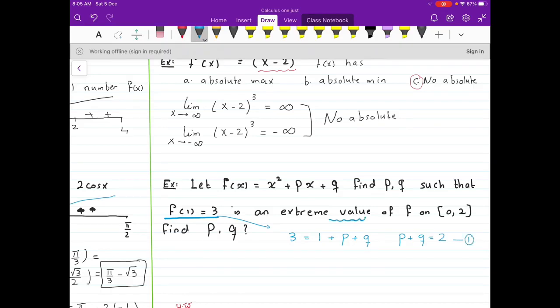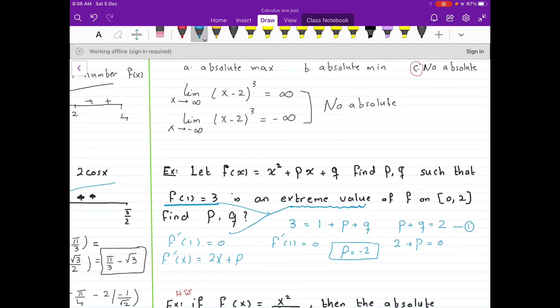Since f(1) is an extreme value, it must be a critical point. So from this condition I conclude that f prime at the point 1 equals 0. That means f prime(x) equals 2x + b, so the second equation is f prime(1) equals 0. So we get 2 + b equals 0, so b equals −2.